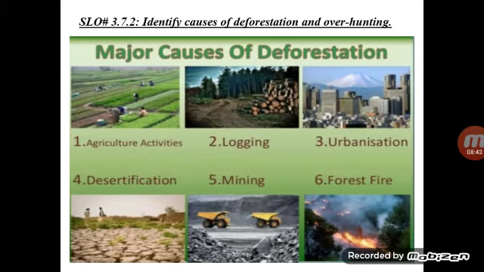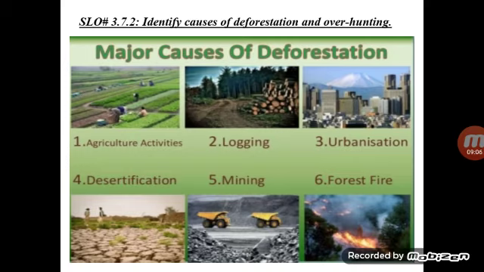Number five, mining. For obtaining different minerals and metals, as our demand is increasing, for mining purposes we are usually destroying the forest.